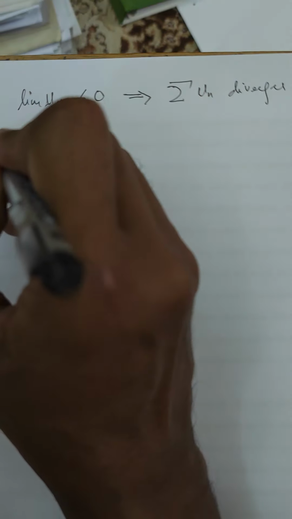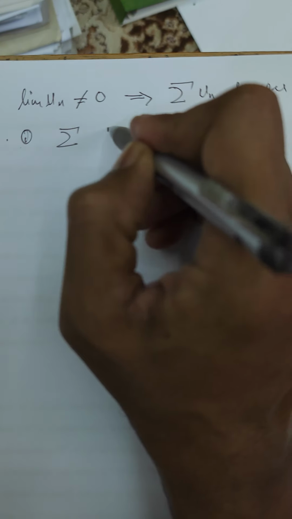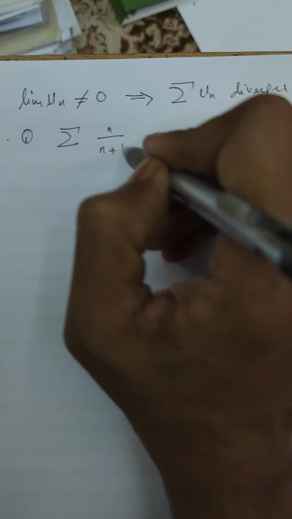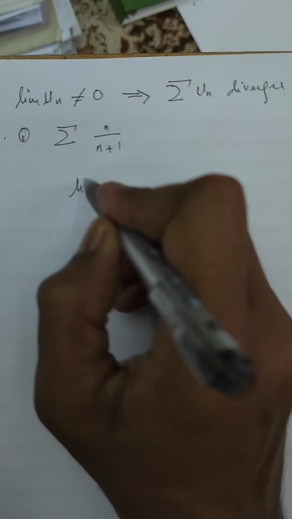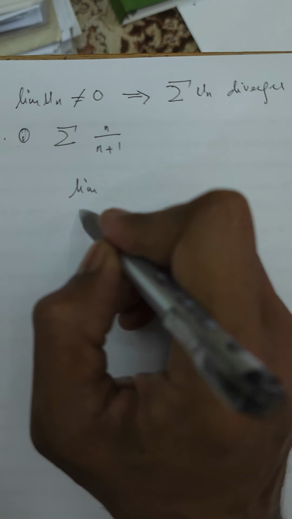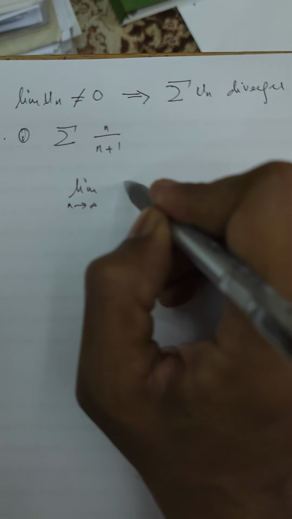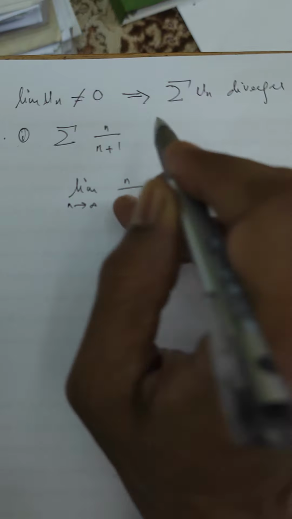Okay, so I hope that I made this theorem clear. Let's say, for example, if you consider the series n over n plus 1, and take the limit as n goes to infinity of n over n plus 1, I think this is very obvious.